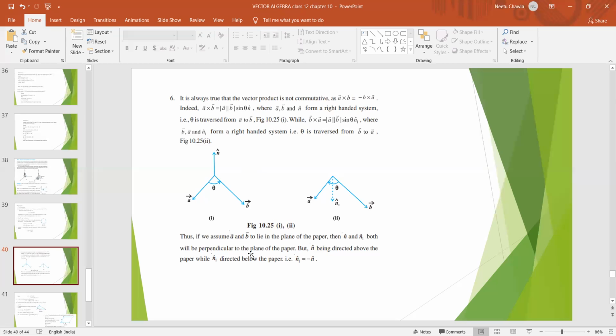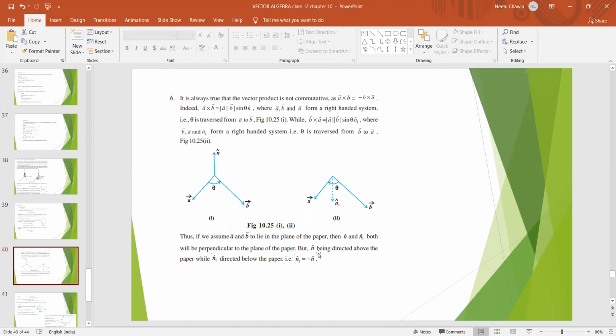Thus, if we assume A vector and B vector to live in the plane of the paper, then n cap and n1 cap both will be perpendicular to the plane of the paper, but n cap being directed above the paper while n1 cap directed below the paper. So n1 cap is equal to minus n cap.